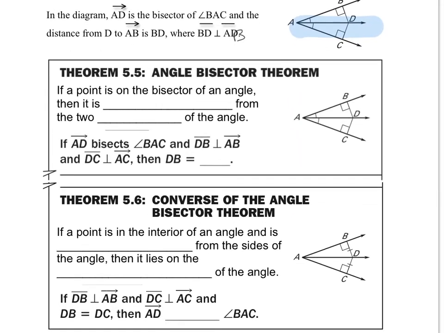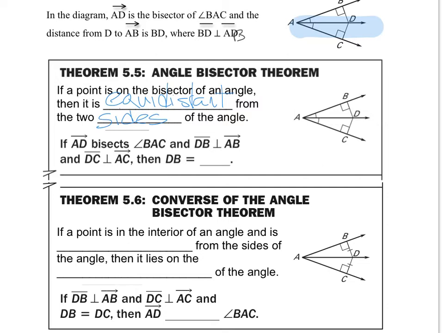So our theorems, the angle bisector theorem says if a point is on the bisector of an angle, then it is equidistant from the two sides of the angle.